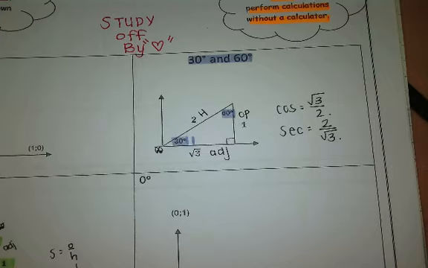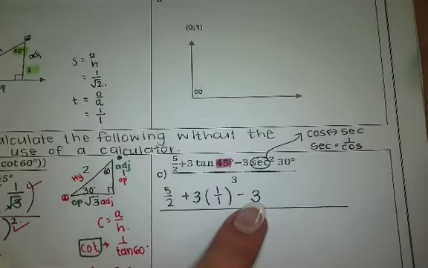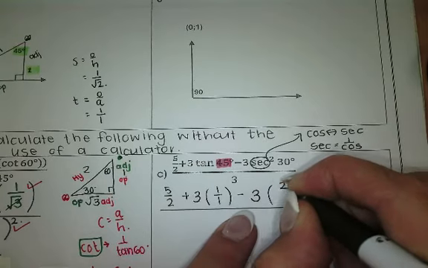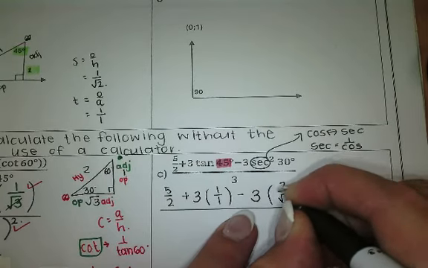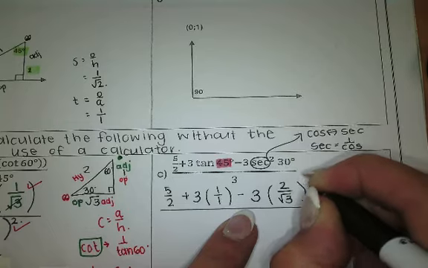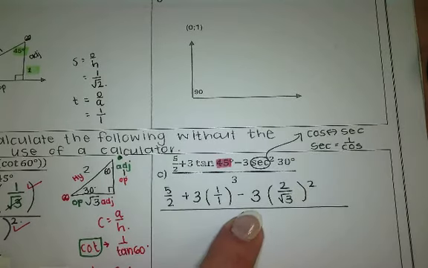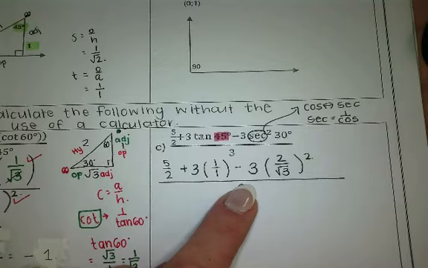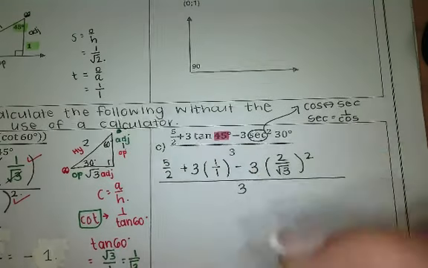Is that how it is with everything? Right, so what's going to happen is sec is going to be 2 over root 3, bracket squared, divided by 3. Are you with me?